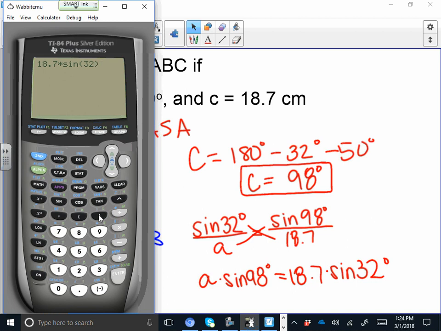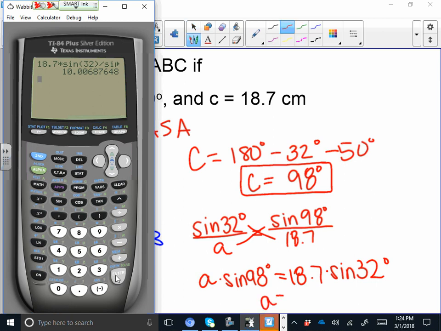I'm going to close that parentheses. And then I know that in order to solve for A, I need to divide that sine of 98 over. So side A is 10.01 centimeters.